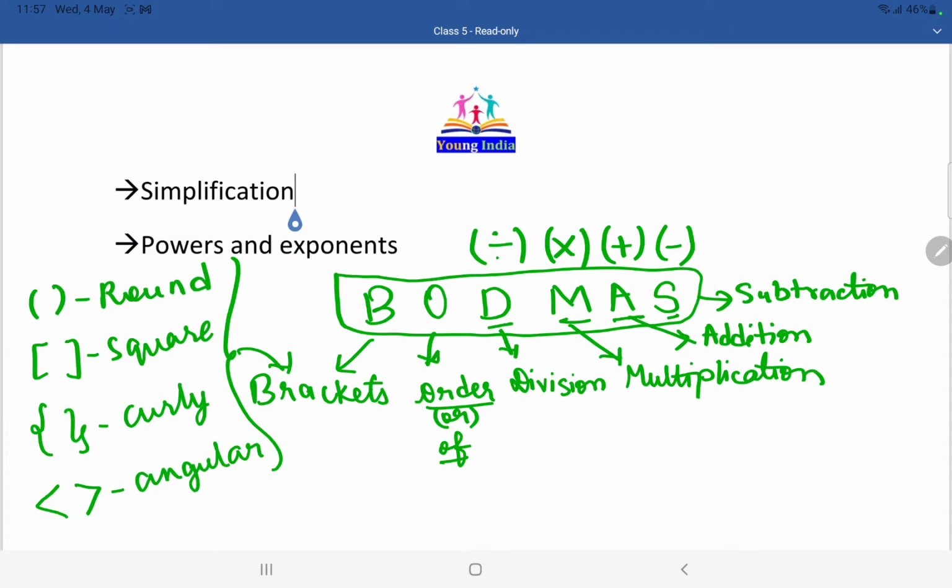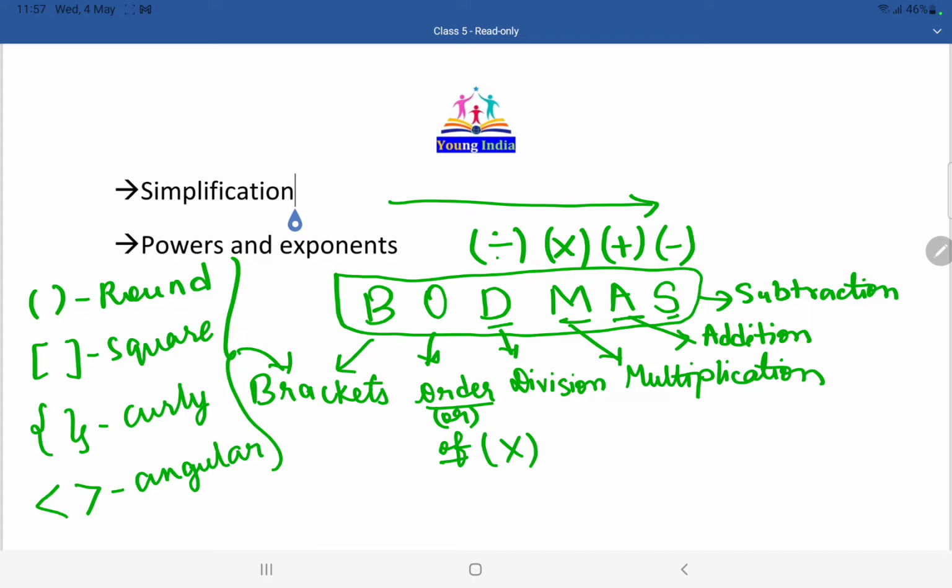So children, one thing you need to remember is that you have to solve problems based on this order. First, if you are getting brackets, you should solve the brackets. Then if you are getting the of, I'll tell you what is meant by of. Of is nothing but multiplication. If you see a word called of, then it is nothing but multiplication.